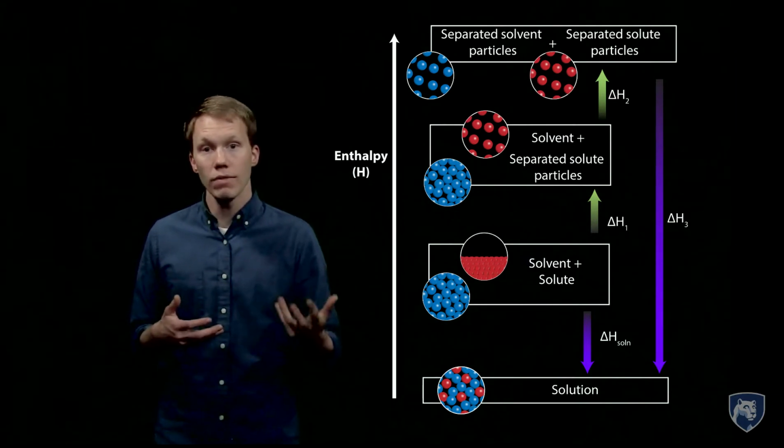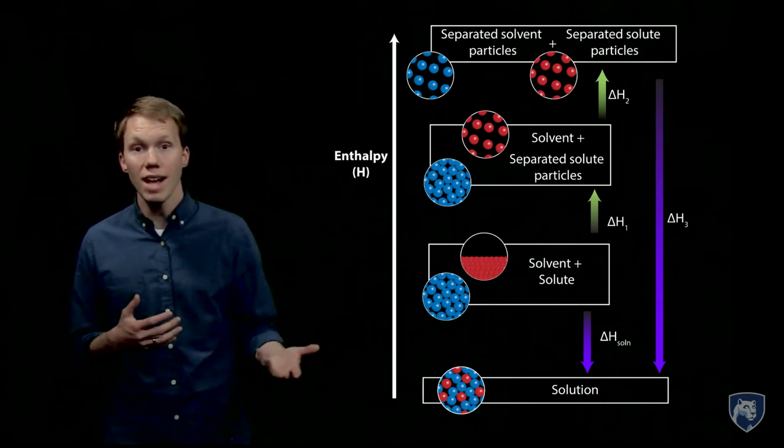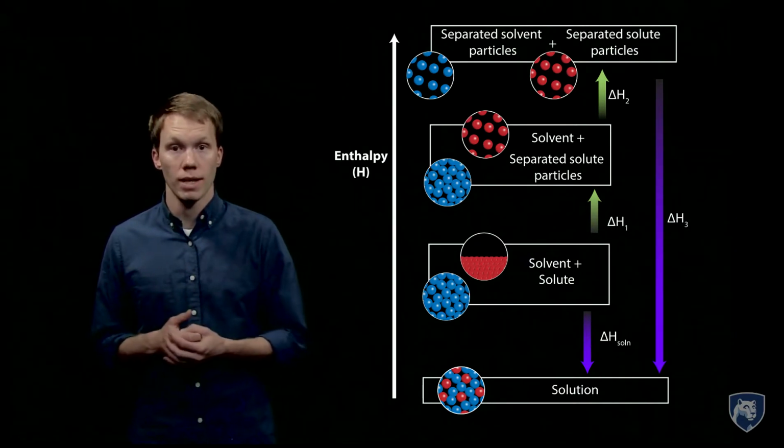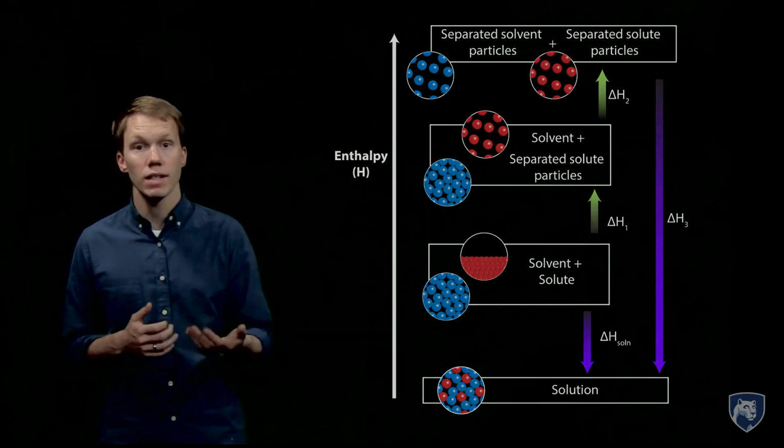And we can form solutions when this is not in our favor because of that entropy argument that we talked about before. Increasing the disorder in the system could cause a thermodynamically unfavored system to proceed spontaneously.